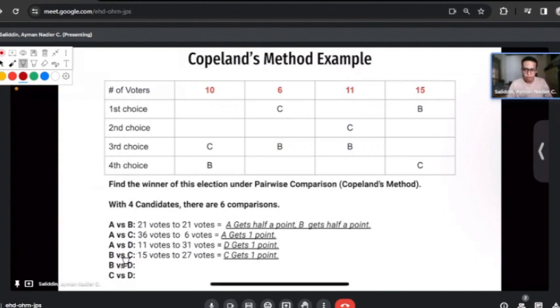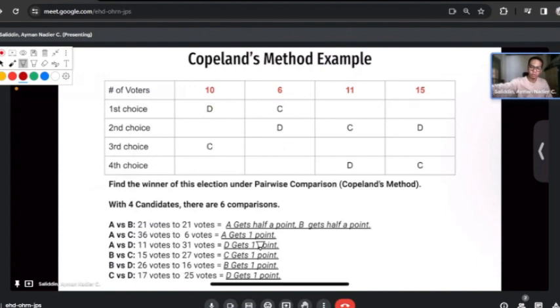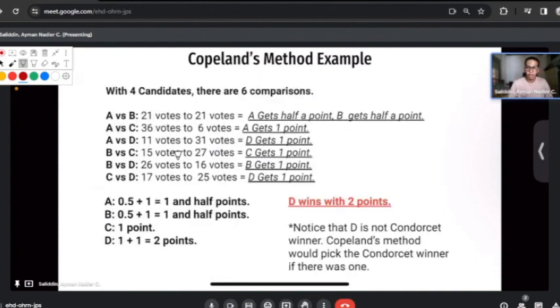Next we have B versus C. Same thing: if we add it all up, whoever has the highest votes gets a point, and if there is a tie, they both get half a point, and the lowest always gets 0. So let's skip that. In total, with 4 candidates, there are 6 comparisons, and here are the total points.